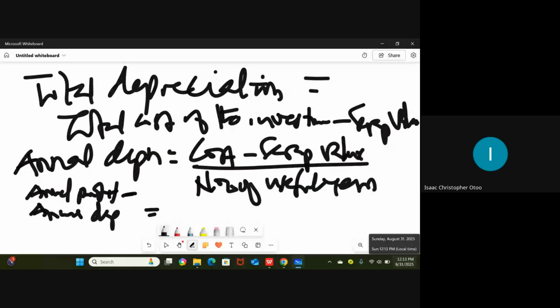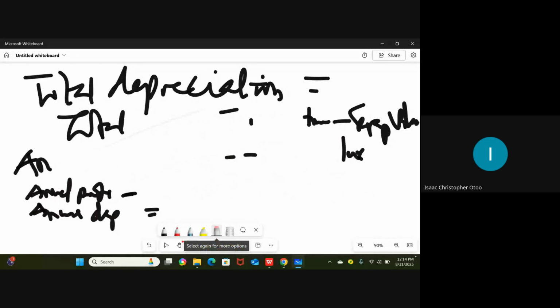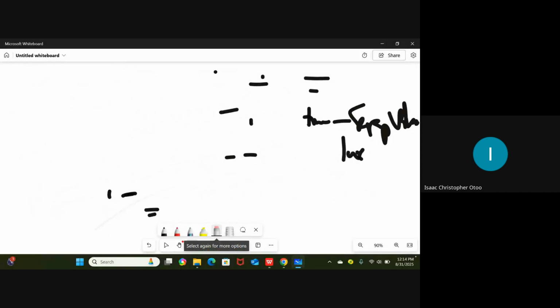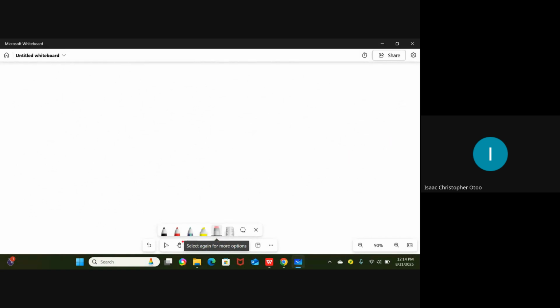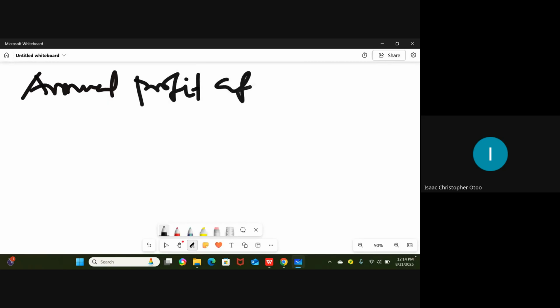Okay, so that is how ARR is calculated. As I said, what you need to do first with the ARR is very simple: is to get annual profit after depreciation and taxes.